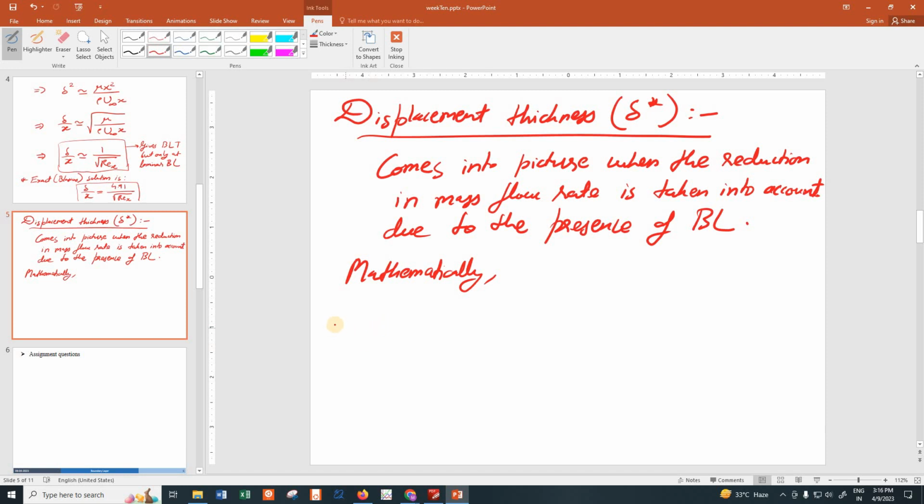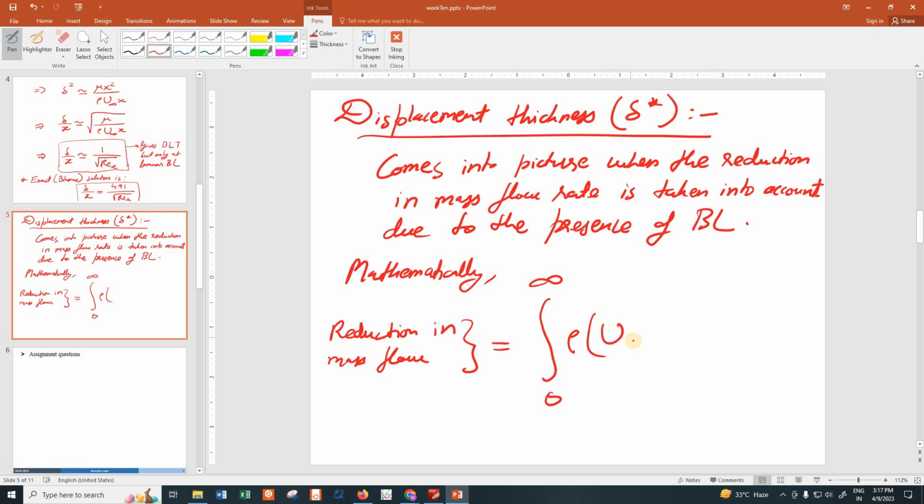Mathematically, one can write the reduction in mass flow as the integration from 0 to infinity of rho times (u infinity minus u) times b dy.